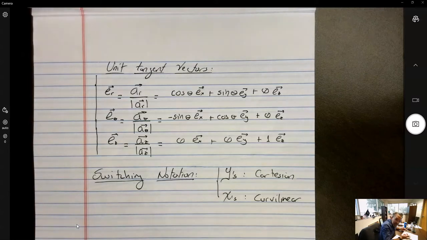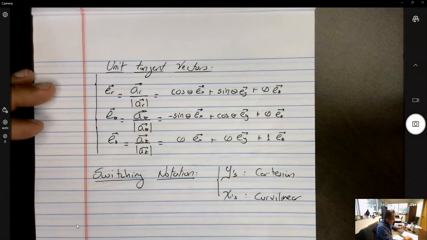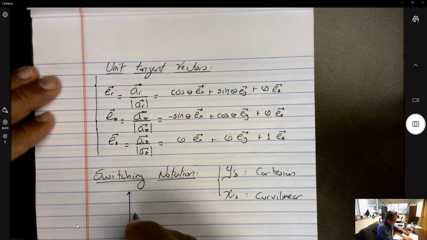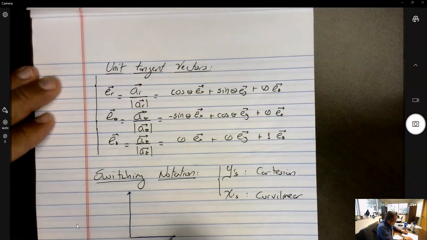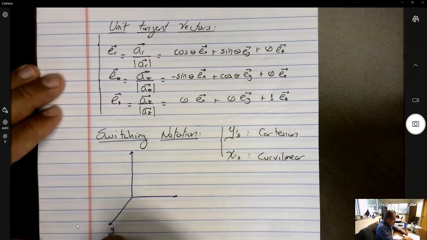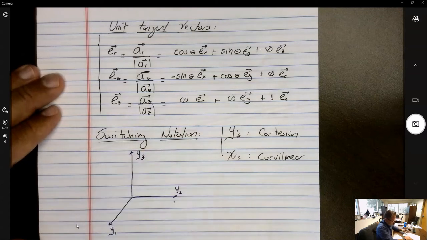This is going to lead to this tensor notation, where the index actually sweeps through the different dimensions in that particular system. So again, let's say we have the Cartesian coordinate system. It's no longer going to be x, y, and z. It's going to be y1, y2, and y3.